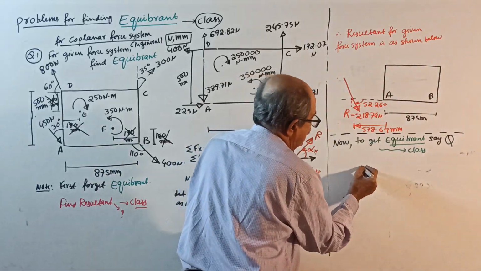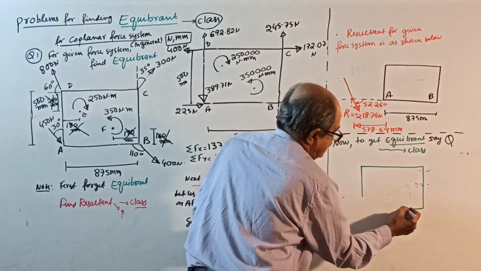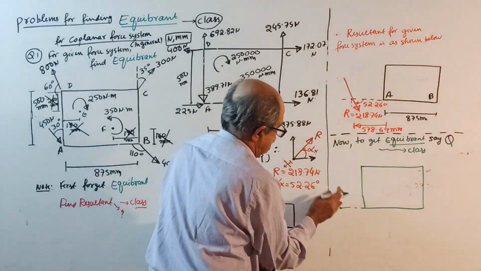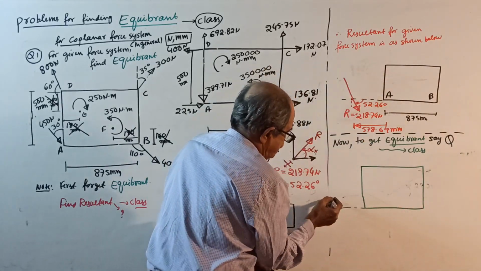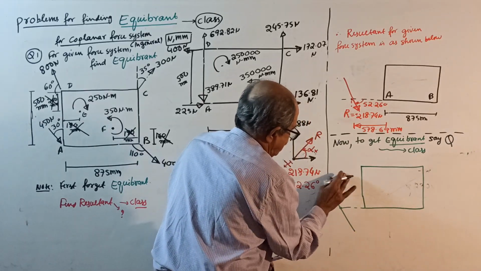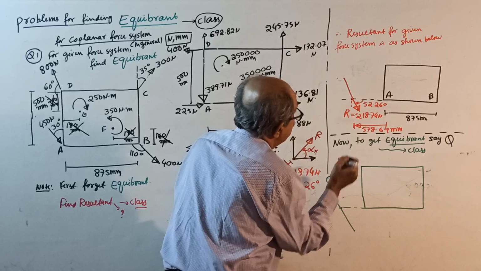Okay, I put the equibrant with a color here. This is the equibrant, option C. The equibrant, I told you, is Q. Q equals the same answer.